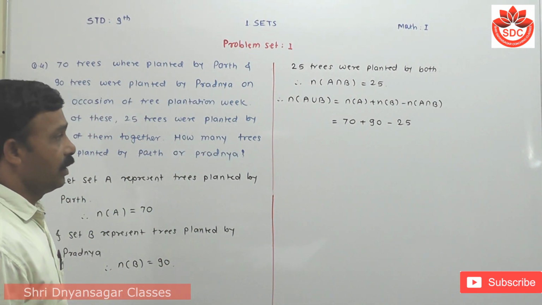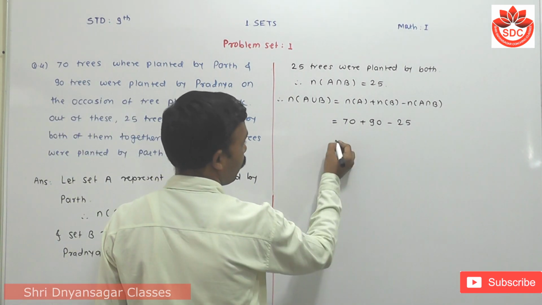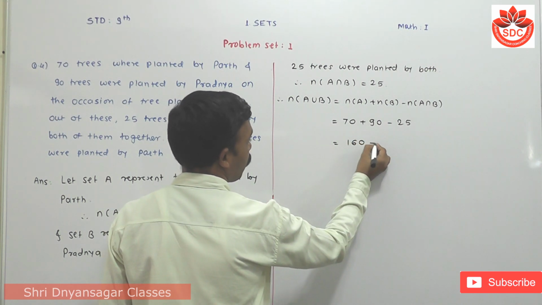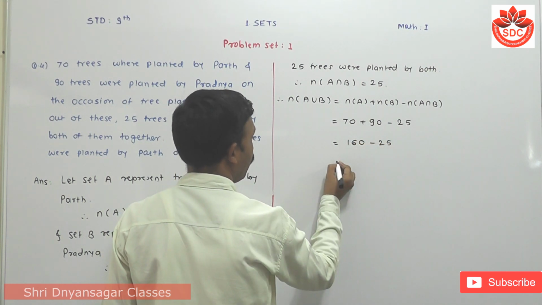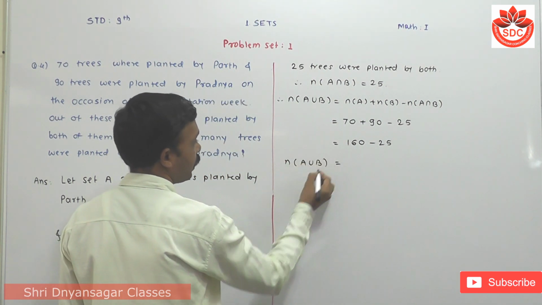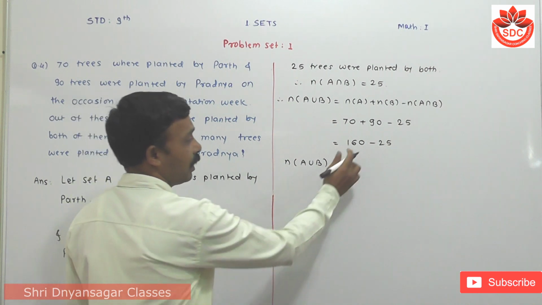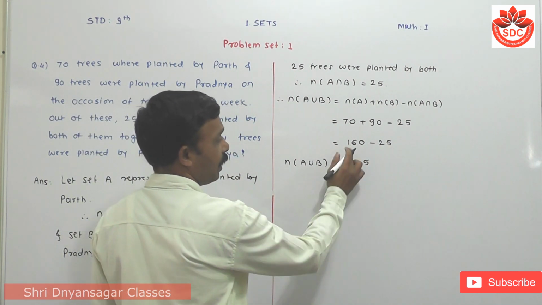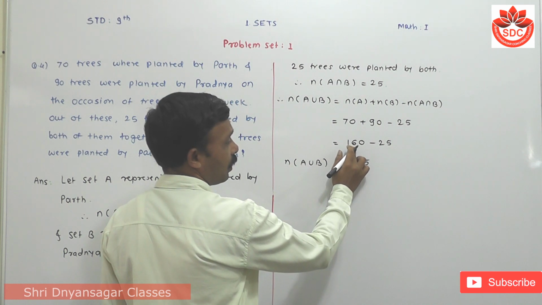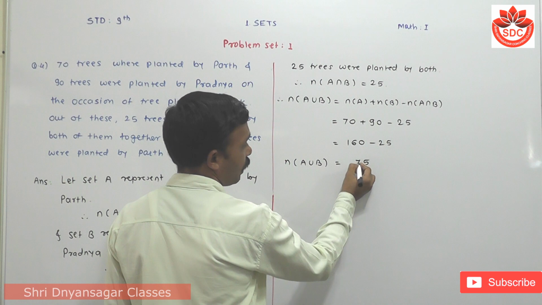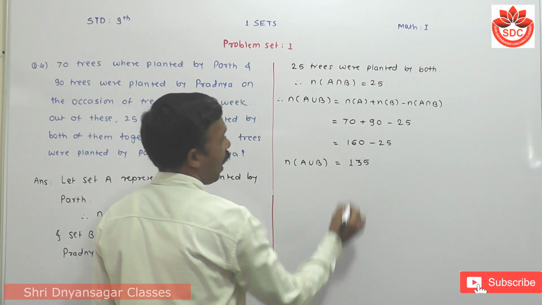Now student, 70 plus 90 becomes how much? 160 minus how much? 25. Now we have to find its subtraction. From this 10 subtract 5, it becomes 5. Then here the remaining is 5. 5 minus 2 becomes 3 and 1 as it is.